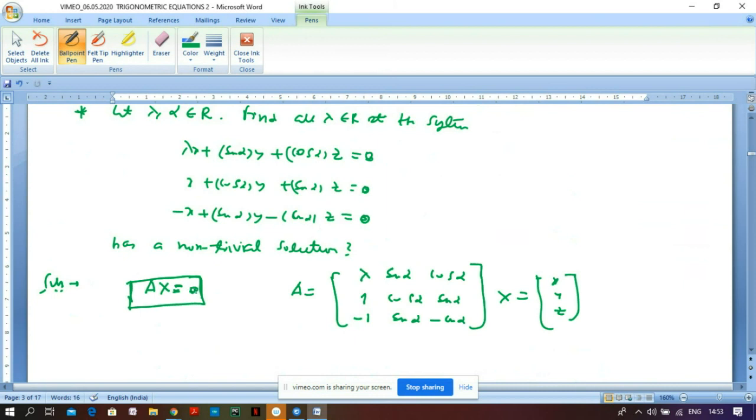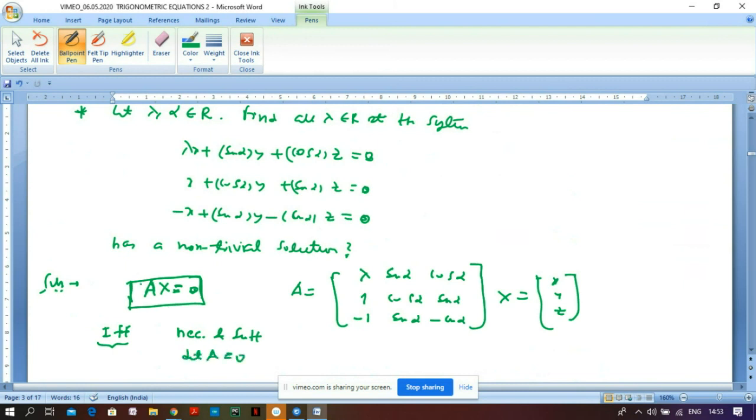Now you want this to have a non-trivial solution, because it always has the trivial solution x equal to 0; 0, 0, 0 is of course a solution since it is homogeneous, so that's a no-brainer. Anybody will give you that, so we want non-trivial. Now we know that it happens if and only if, one of the favorite phrases, if and only if. So it is both necessary and sufficient that det of A should be 0.